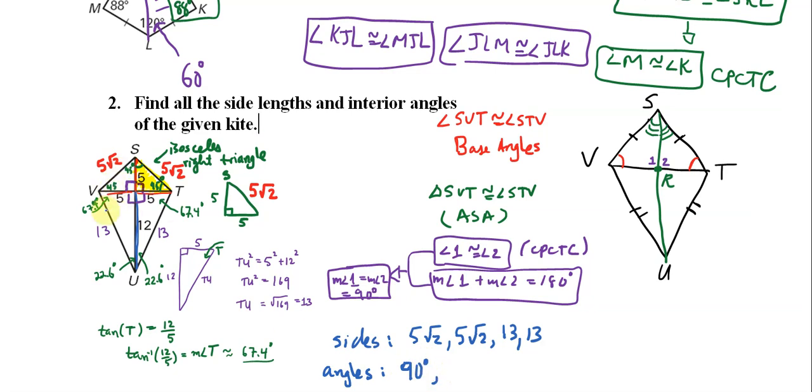Then these two here, 45 and 67.4, that's 112.4. And the other one on the other side is the same thing, 112.4. And then the bottom one here is 22.6 times 2, because those two combine together to make that angle, so that's 45.2 degrees.